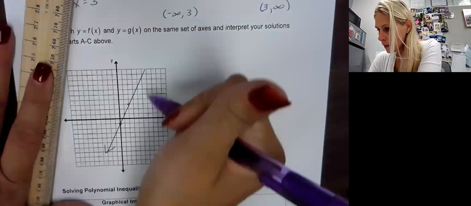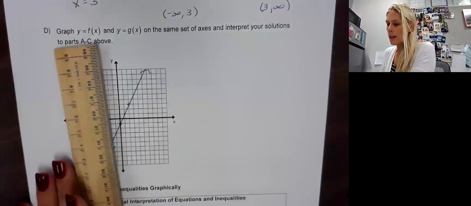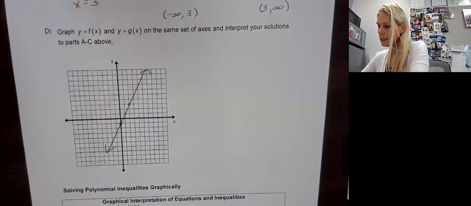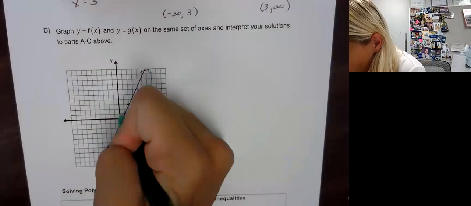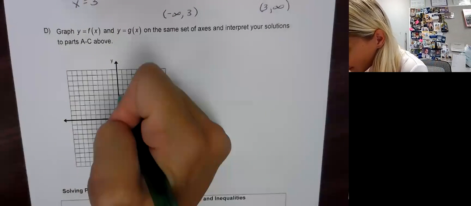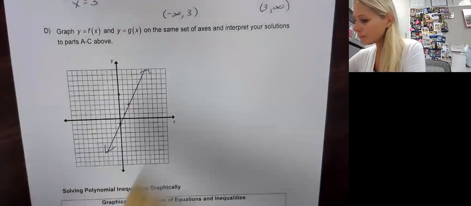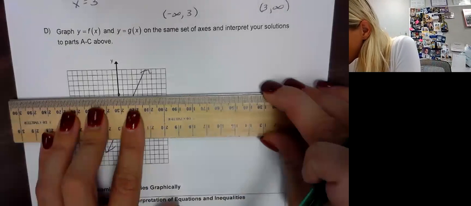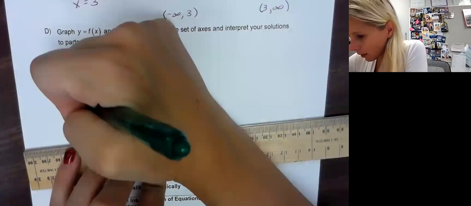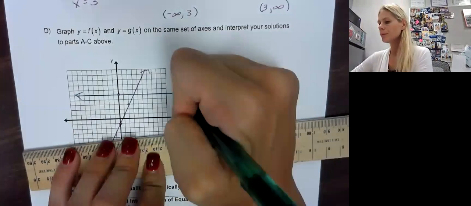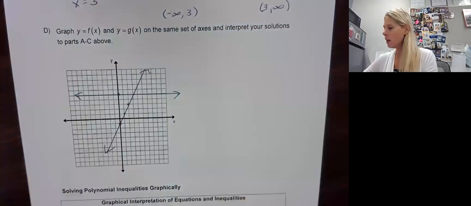Then I'll grab another color. Let me do green, and we're going to 5. So 1, 2, 3, 4, 5, and it is a horizontal line. Okay, there we are.